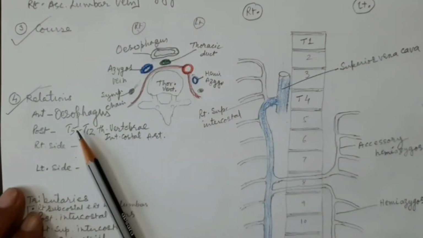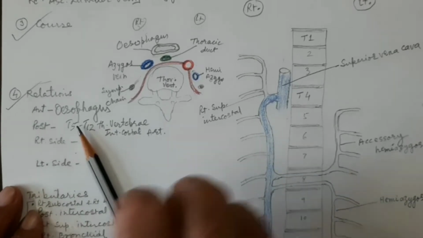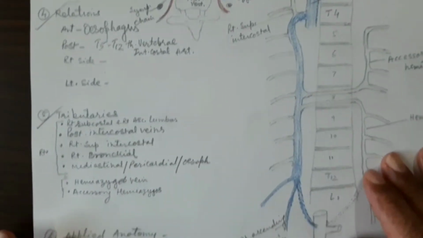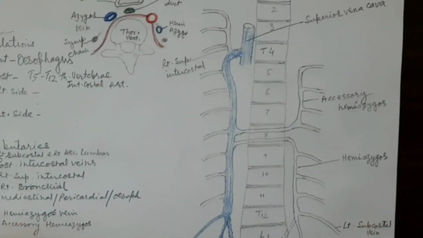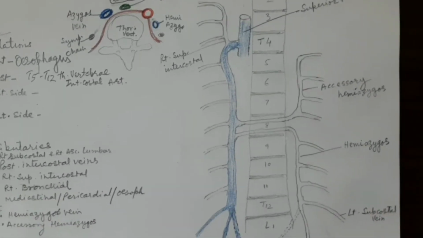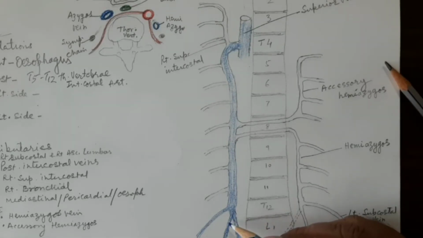Let us see further. After the relations, we will see its tributaries. Let us see the tributaries of the azygos vein. These are the major tributaries where the formation takes place.